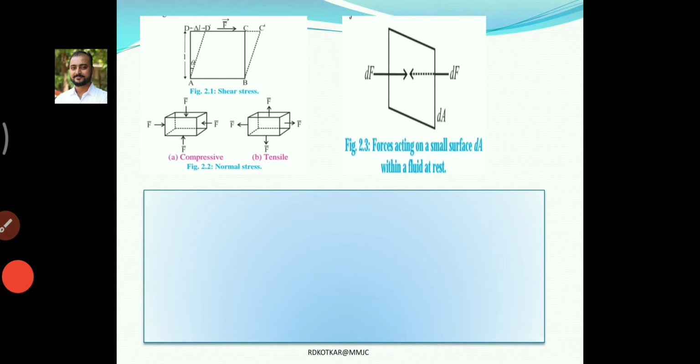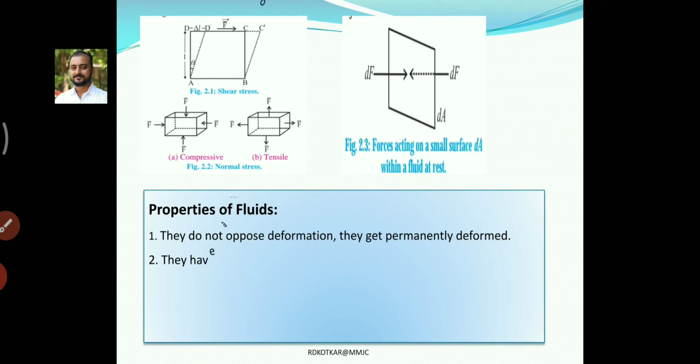Next, that is your properties of fluids. We just studied the properties of ideal fluids. But actually, what are they? They do not oppose deformation, they get permanently deformed, which is similar to the ideal fluids.